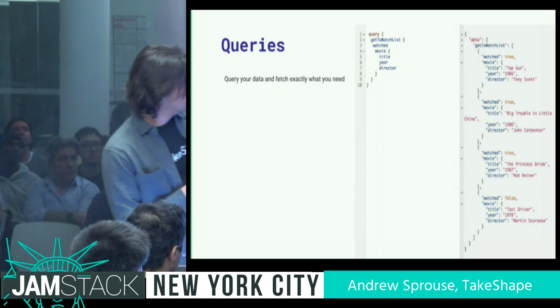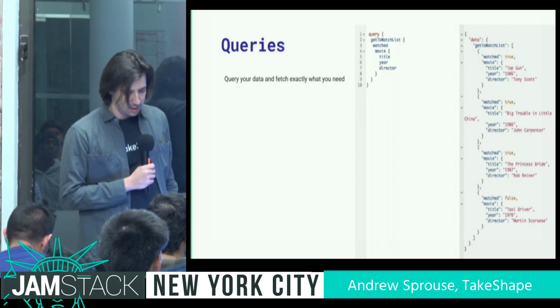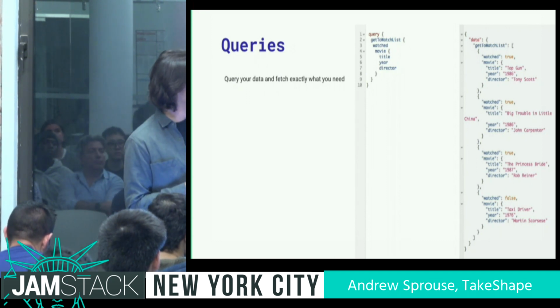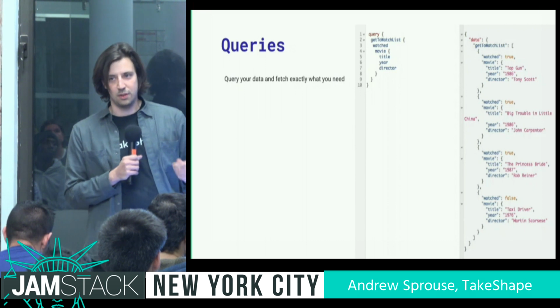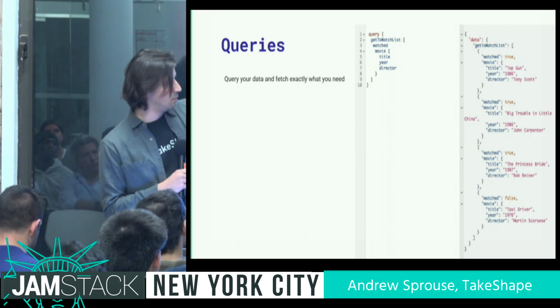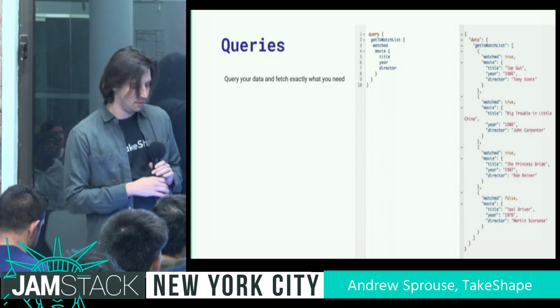So right here, what we're doing is we're grabbing a list of movies, and we specify everything we want to know about it: whether or not we've watched it, what the movie is, what the title is, what the year is, and the director. And as you can see on the right side, we have our output from the query, and it's exactly what we asked for.